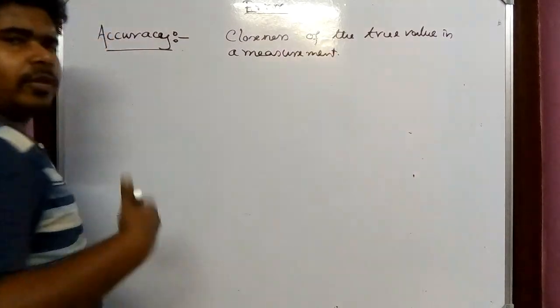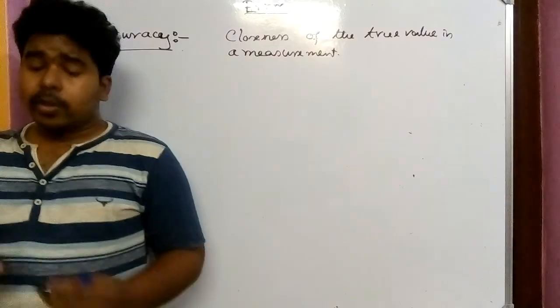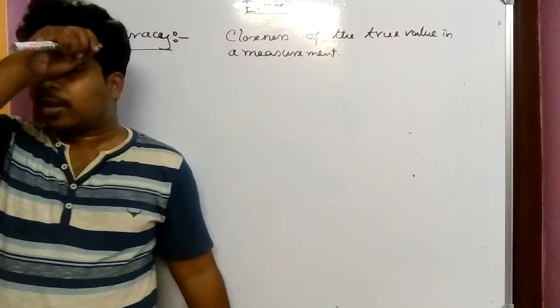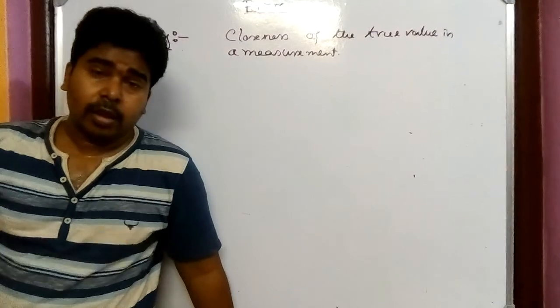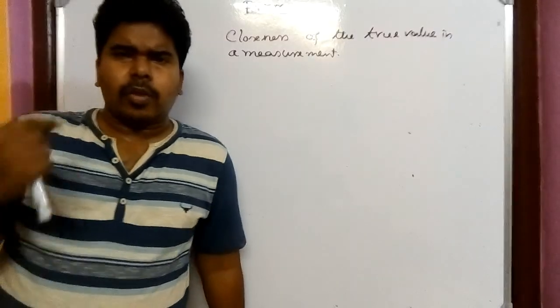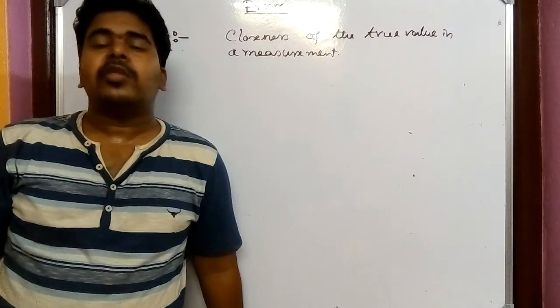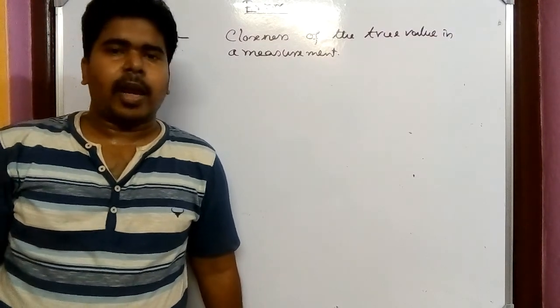Whenever we measure something, we just want to get the correct value. Maybe there are some problems so that we cannot get the correct one, so our target is to get closer to the correct value. That one is known as accuracy.